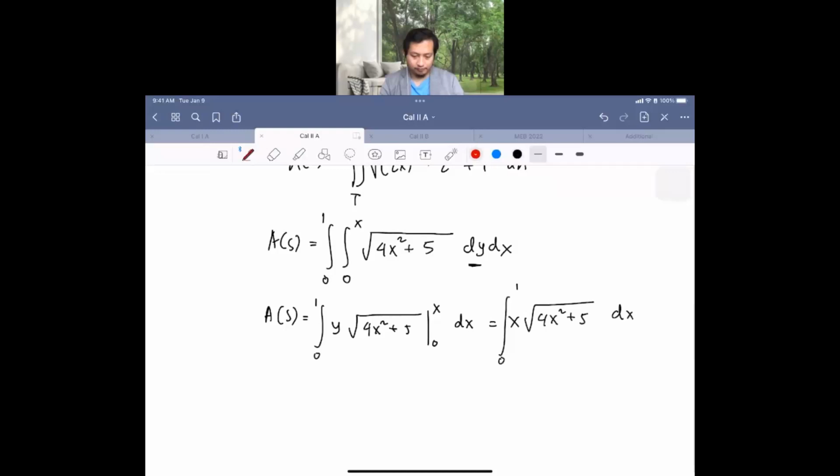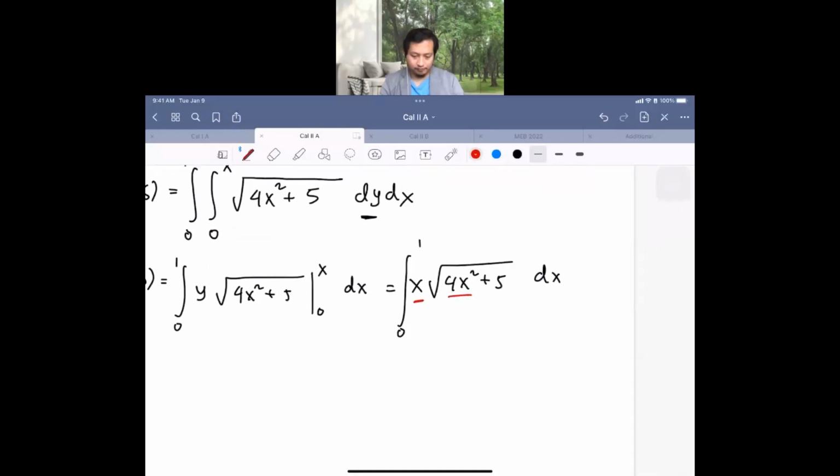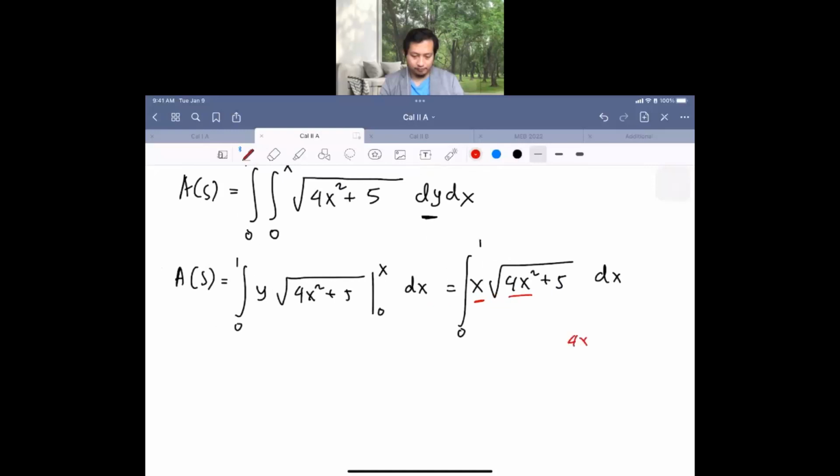Because this is x squared and this is just x, we can do some substitutions. We take u equals 4x squared plus 5. So du is 8x dx, so it will be 1 over 8, and then the square root of u.